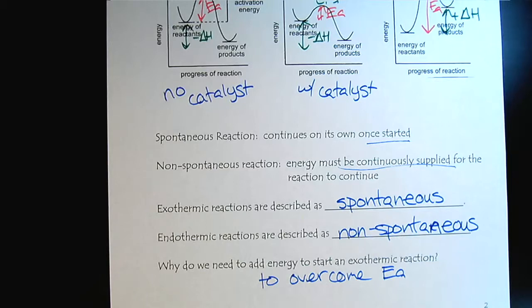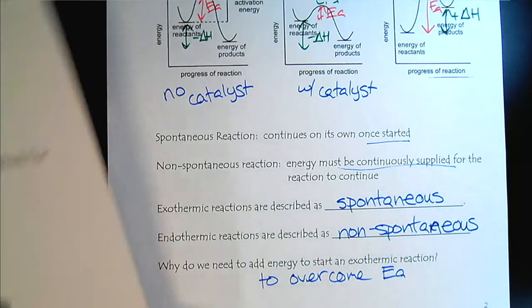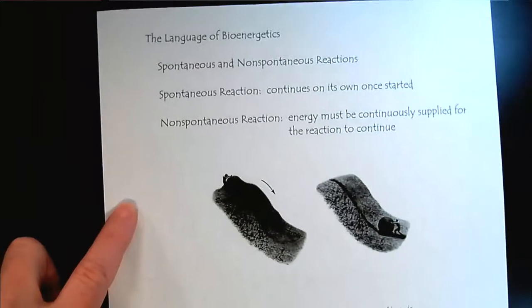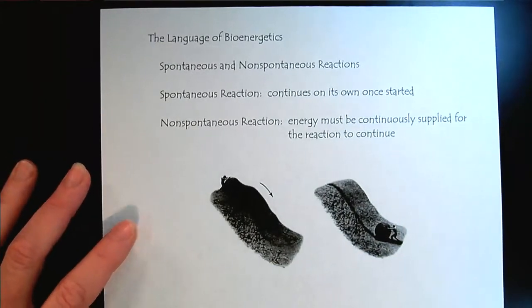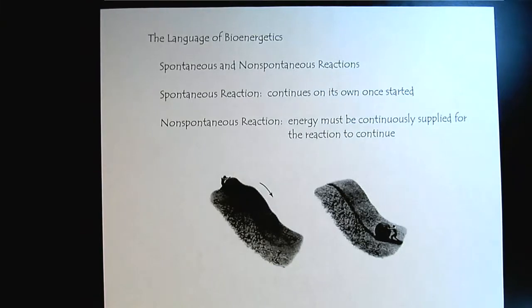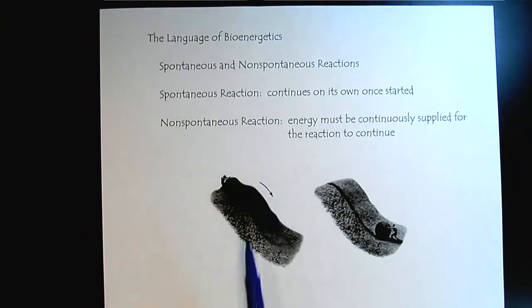Okay, so now that we've been introduced to the concepts of spontaneous and non-spontaneous, let's look at those a little more closely and expand our understanding of those terms to more about reaction energies. So here's the definitions, and then here's a diagram.